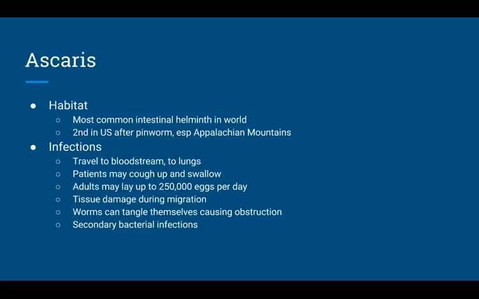They like warm climates and usually are seen in children. The eggs are ingested and they travel to the intestines. They can travel to the lungs, and the patients could cough them up and swallow them, and they can get back into the intestines. The patients may be asymptomatic if they only have a few worms.